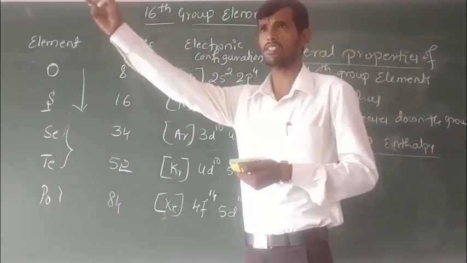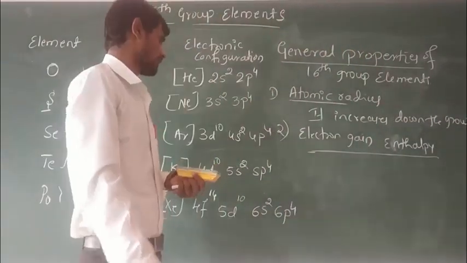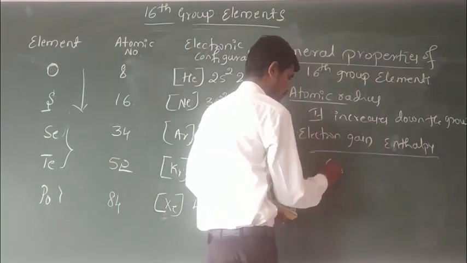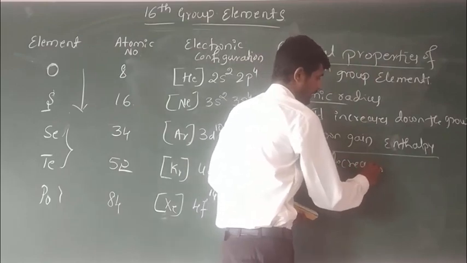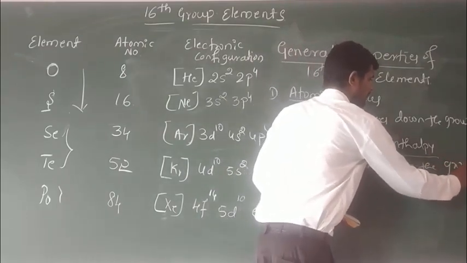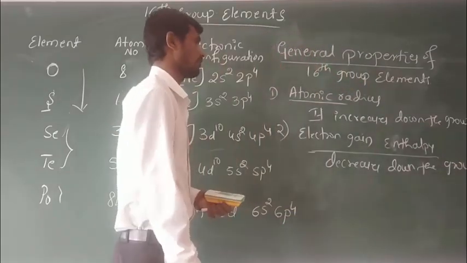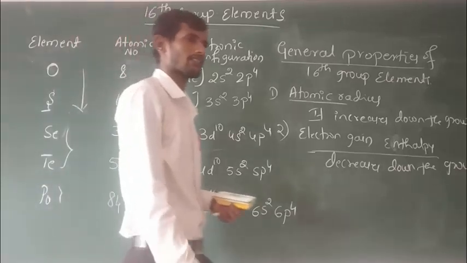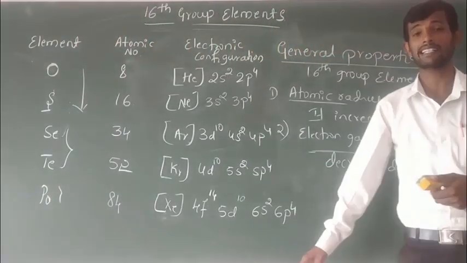Therefore, electron gain enthalpy decreases down the group. But when you observe the values of electron gain enthalpy for these elements, oxygen is slightly more because of its compact nature.